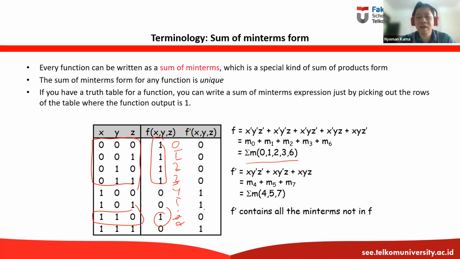So when the min term is 0, 1, 2, 3, 6, the output is 1. This is how we represent the truth table by using SOP, especially by using the min term number.